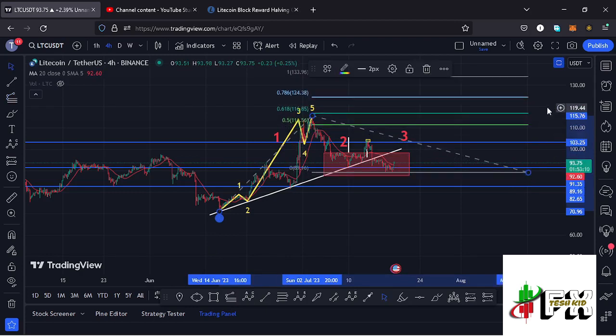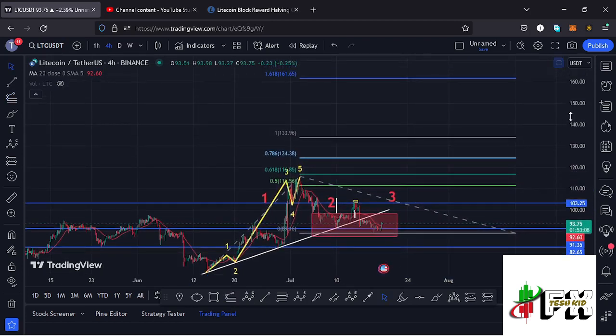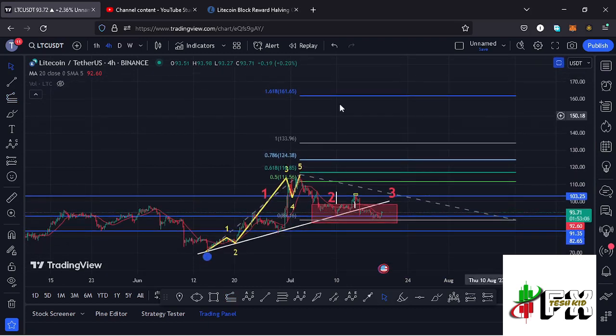I have a minimum target area for the third wave at the Fib level 1.618, and that is at around the $161.65 mark. That is the minimum that we can expect Litecoin to do in the formation of that wave 3 ahead of the Litecoin halving event.